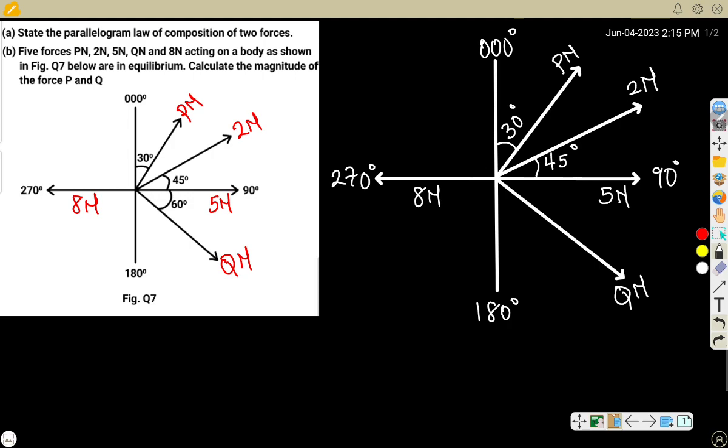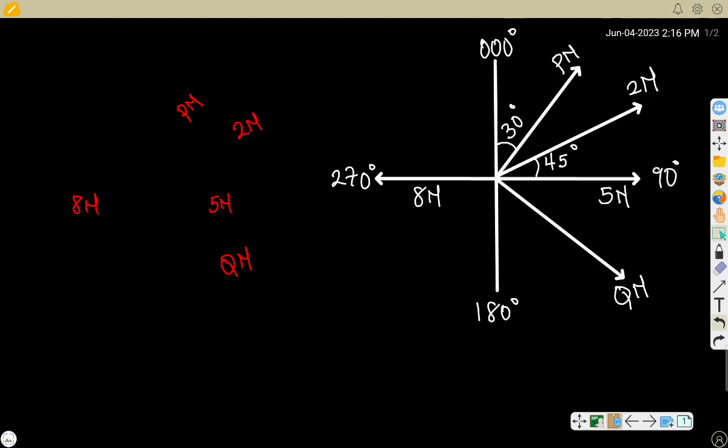So this is the diagram. So how can we find the value of P and Q? So let me remove this question to have space. So delete this.